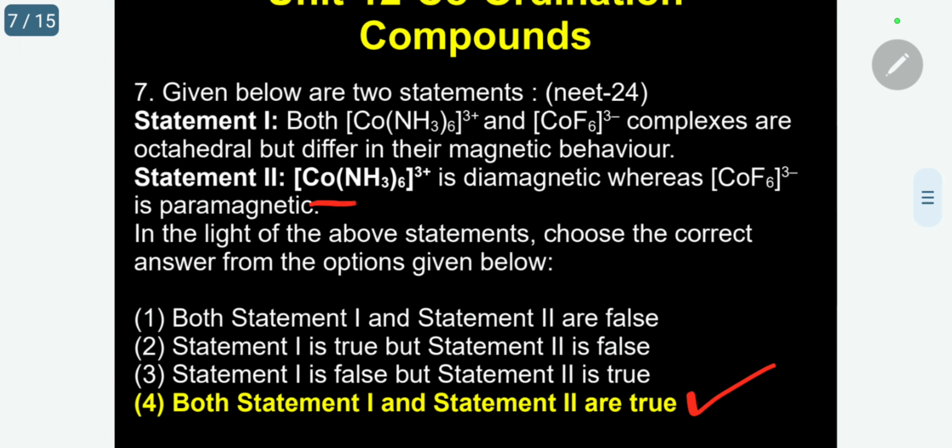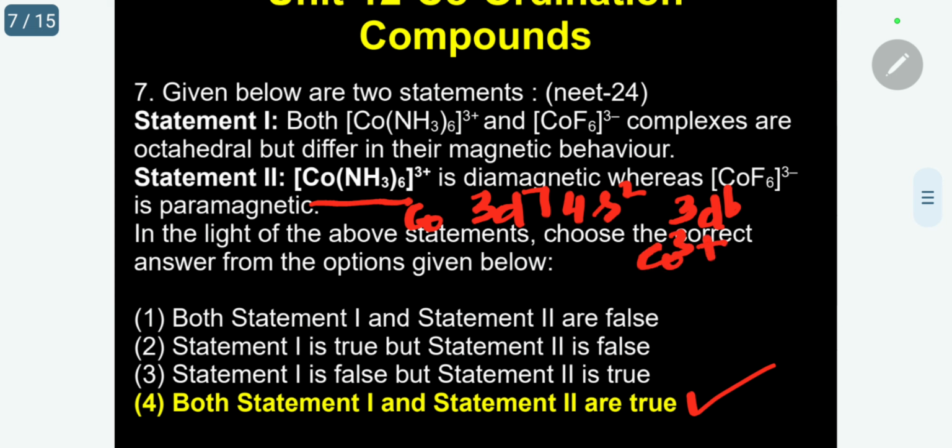Take this ligand. Cobalt, we know already, is 3d7 4s2. This is the original cobalt. If you go for 3 plus, that is 3d6. It is cobalt 3 plus. The ligand is a strong ligand. So what will happen now?